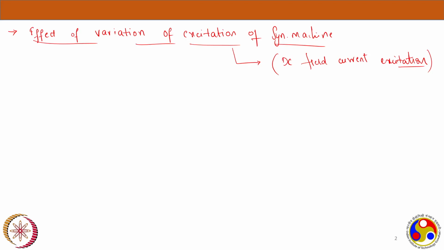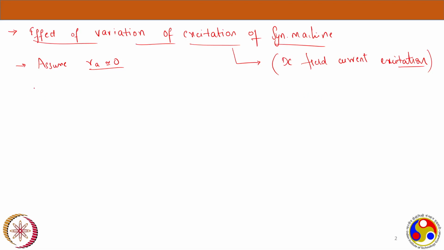The concepts remain the same. Let me write here, Ra equals 0. First we will do the generator mode and then later the motor mode.